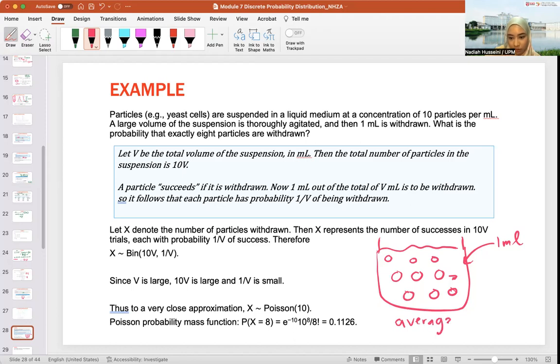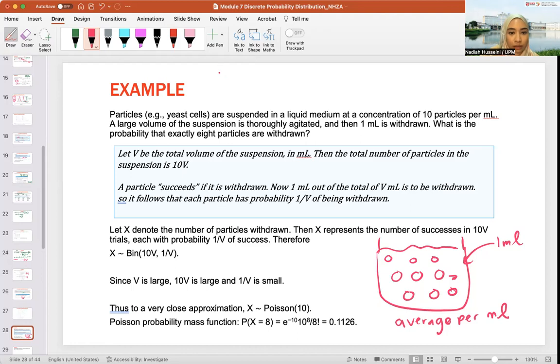What is the average? Okay, let me try to repeat the question again. Everyone, please focus here, because this is part of your understanding the Poisson distribution. Okay, so if I have 10 particles per milliliter of water, right? And I have 100 particles per 100 milliliter of water.